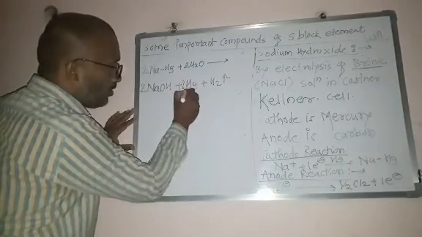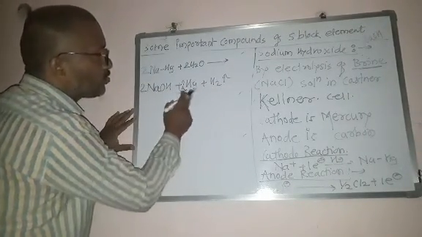Once the sodium amalgam is formed on the cathode, it is treated with water. At that time it forms sodium hydroxide along with mercury and hydrogen, with twice Hg molecules of mercury.